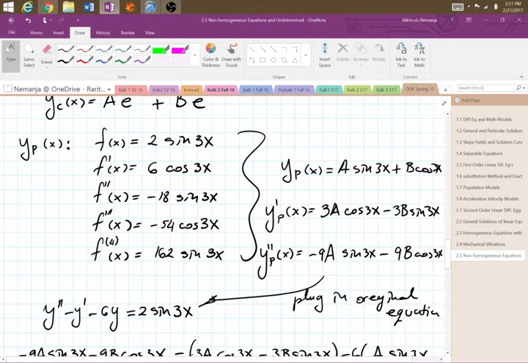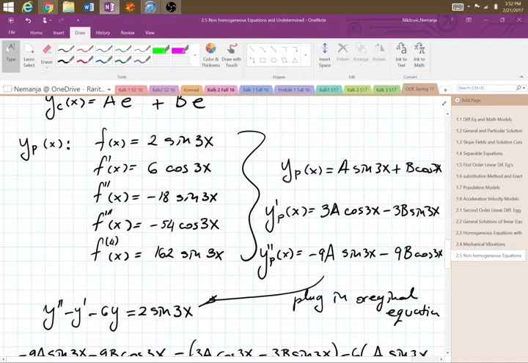I kept taking those derivatives until I got bored because I noticed the pattern: sine, cosine, sine, cosine, with the number in front just oscillating, bouncing between different values. So I said, well, this a is going to capture all possible coefficients of sine 3x, which is 2, negative 18, 162, and so on. And this b is going to capture all of the coefficients of cosine 3x. Now, we can go forever because they will just keep swapping between sine and cosine.